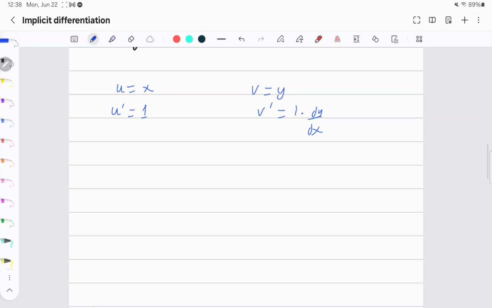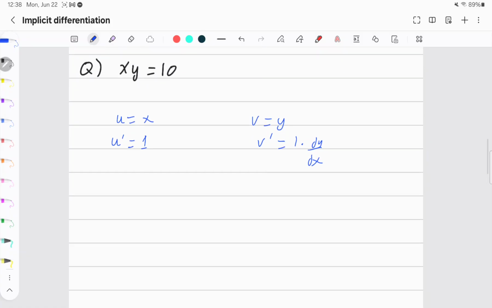Now you differentiate using u dash v plus u v dash. So 1 multiplied by y plus x multiplied by dy over dx equals the differentiation of a constant, which is 0.